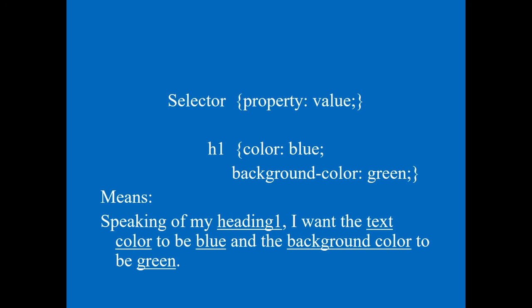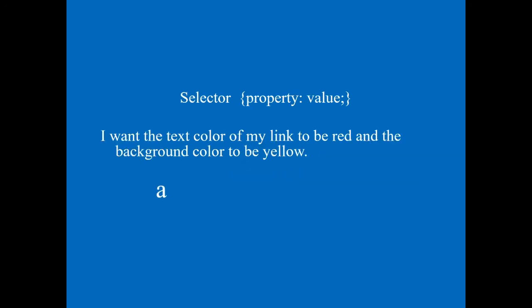So in this way, under the h1 you can add n number of properties. What I am doing is that for my heading h1 the text color is blue but the background color is green. Here you see I am writing my intention for one example: text color is red and background color is yellow, for the link.